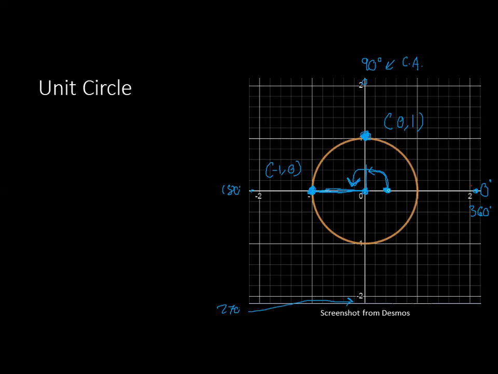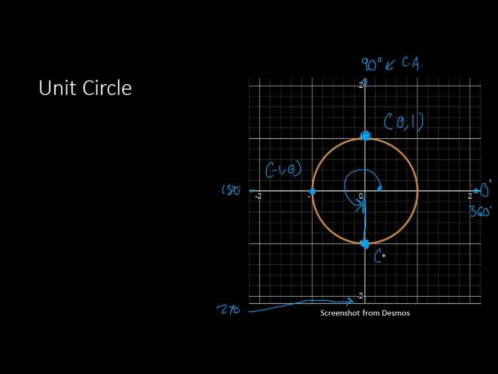Okay? Now, what if we go further until we reach a 270-degree angle? Let's start from here going there. So what would be the coordinates here? What do you think, guys?